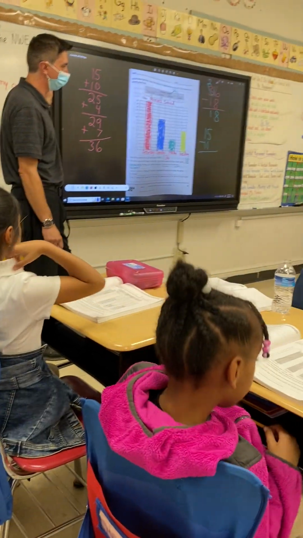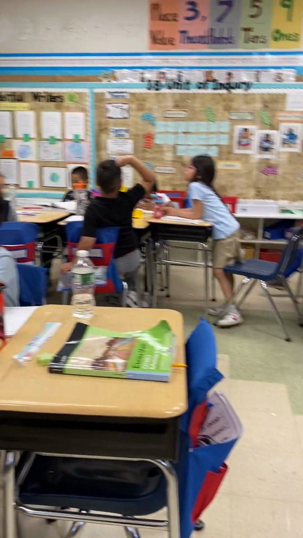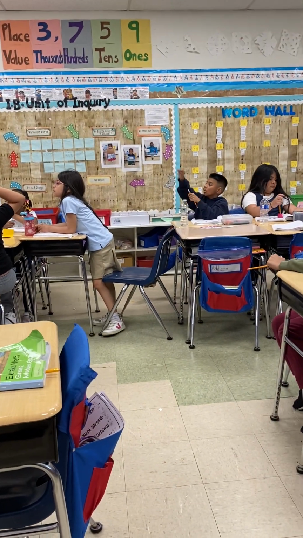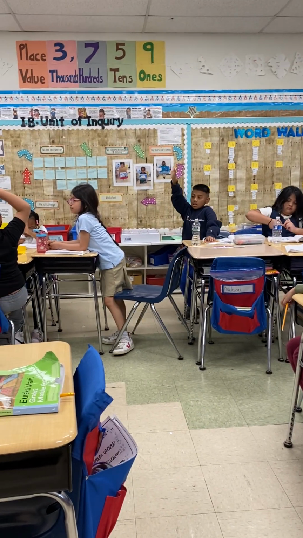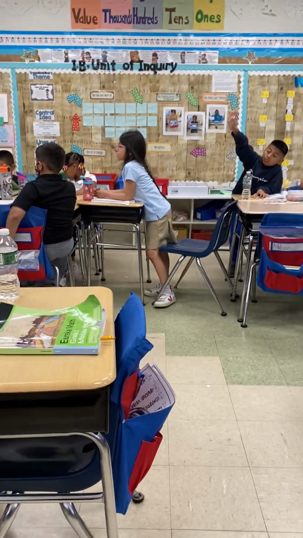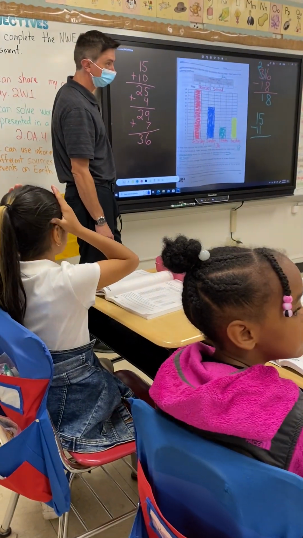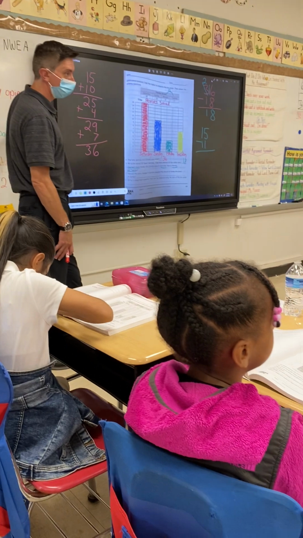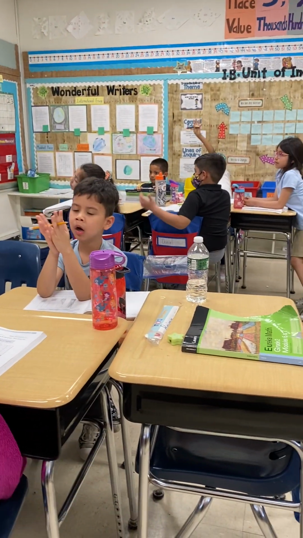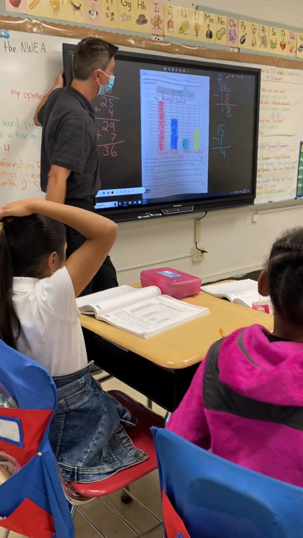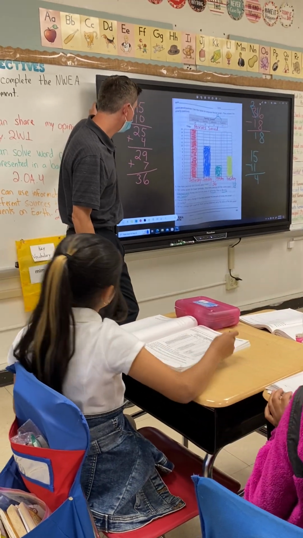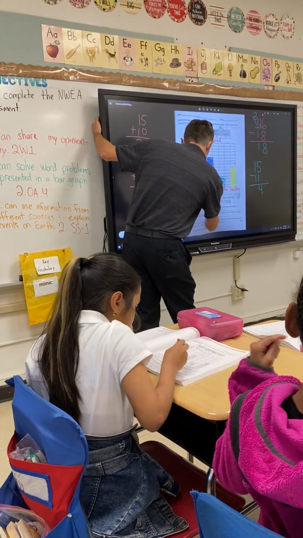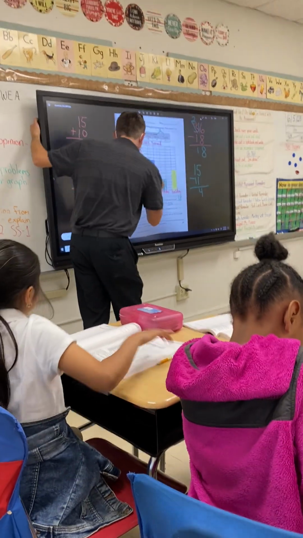Kimberlyn, what do I do? How'd you get that? Good. 5 minus 1 is 4. And 1 minus 1 is 0. So the answer to C is 4. Write it in.